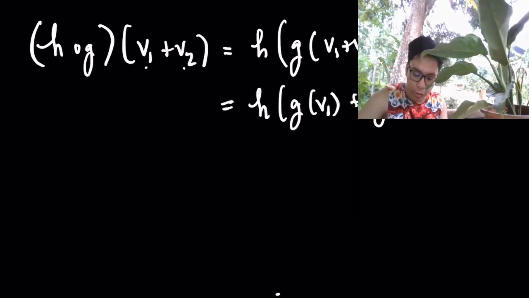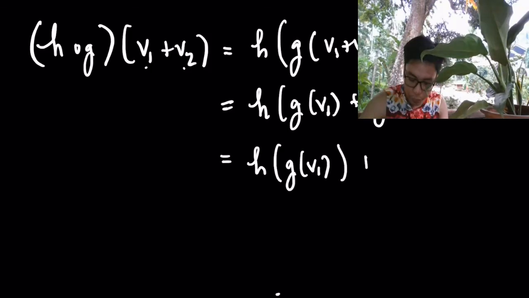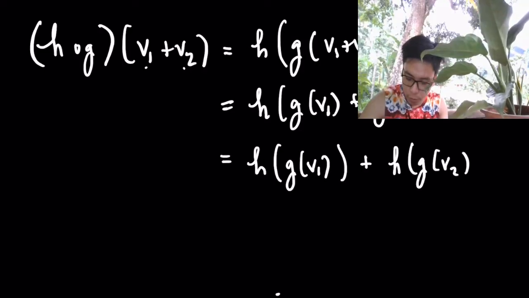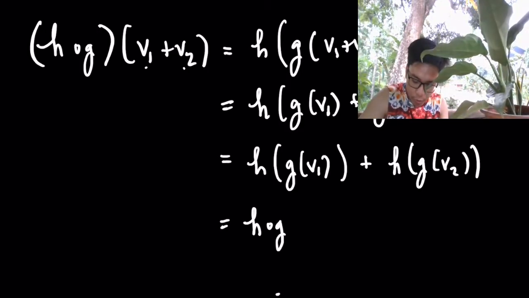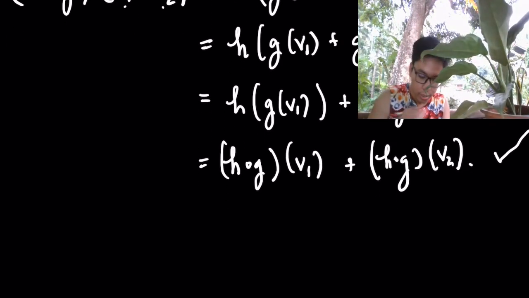And h here is also another linear transformation, so I can have this one here, which simply gives us h of g of v1 plus h of g of v2. So condition 1 is satisfied here.